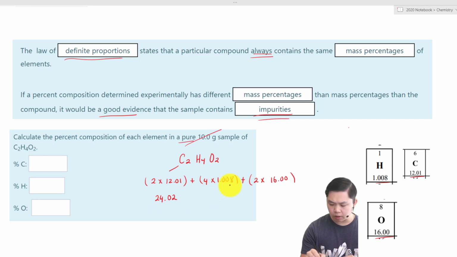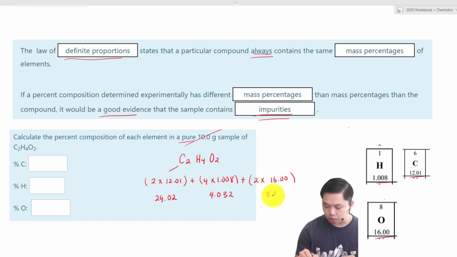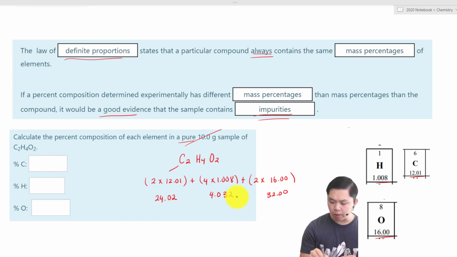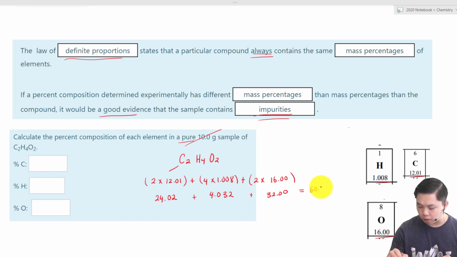And 4 times 1.008 is 4.032. And then 2 times 16 is 32.00. Now you add them all up, and that will give us our total mass. That turned out to be 60.05.